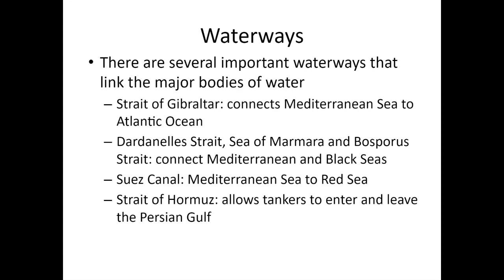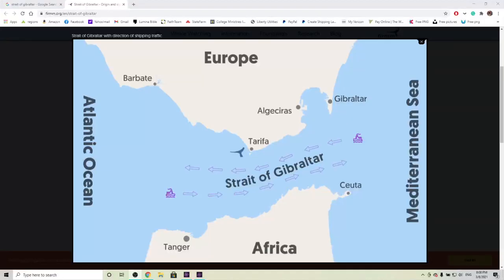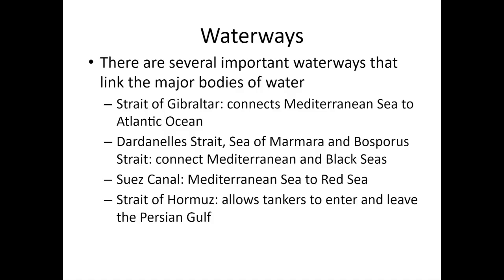There are several important waterways that link the major bodies of water. The Strait of Gibraltar connects the Mediterranean Sea to the Atlantic Ocean. The Dardanelles Strait, Sea of Marmara, and Bosporus Strait connect the Mediterranean and the Black Sea.